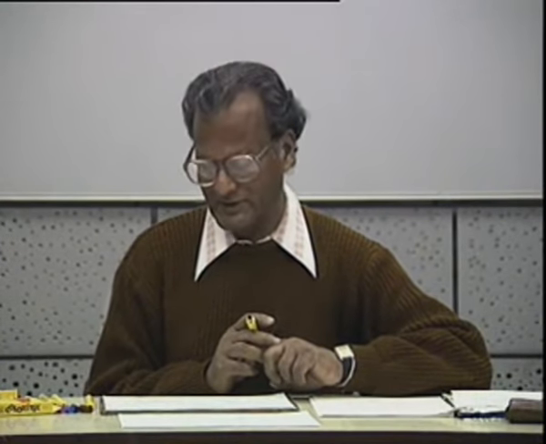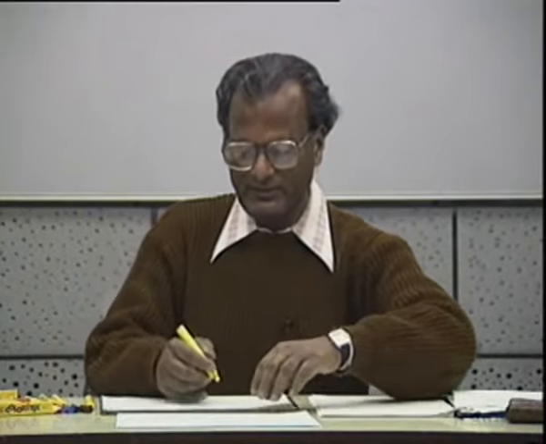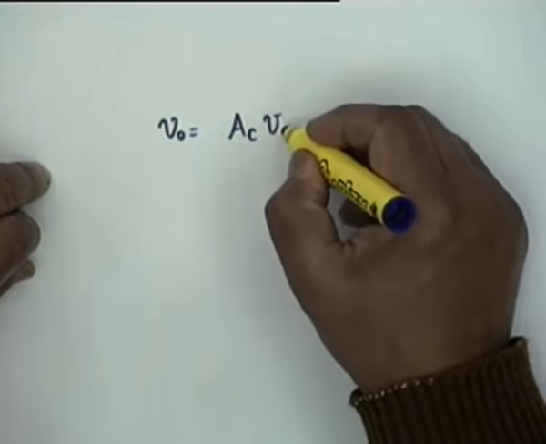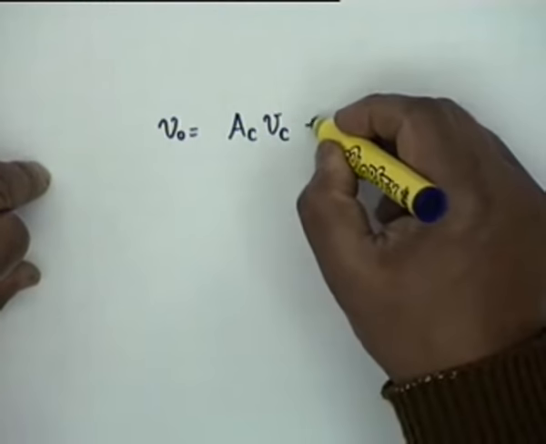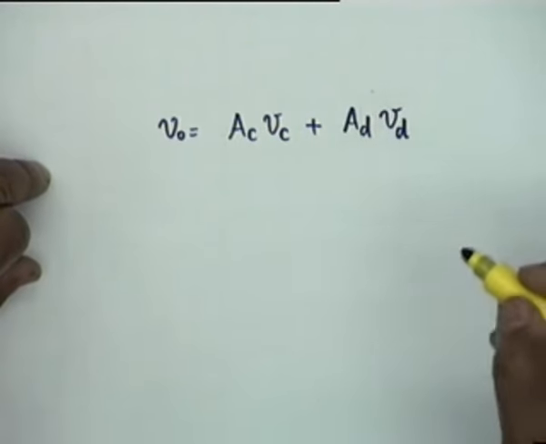Ideally what we want is that when V1 and V2 are equal, the output should be equal to 0. The output should only be proportional to the difference between the two signals. The practical situation is that there is a common mode signal, there is a common mode component in the output, and therefore for a non-ideal differential amplifier, the output voltage is given by A sub C, V sub C, the common mode signal, plus A sub D, the differential mode gain, multiplied by the differential mode signal.